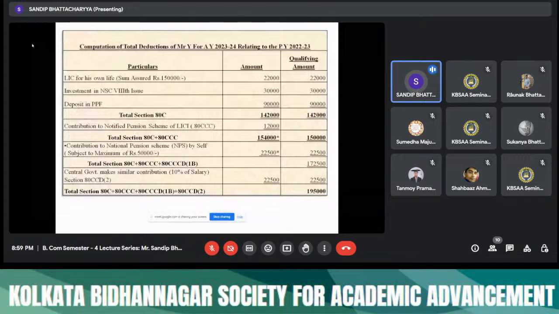I repeat this once again: 80CCD 2, central government, state government or any private organization should make the similar contribution for its employee. Then the maximum ceiling limit will be 14% of salary or contribution paid, whichever is lower, so it is 22,500.